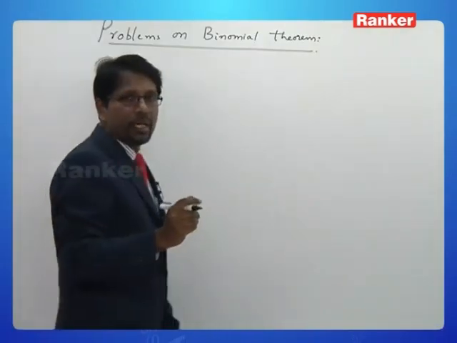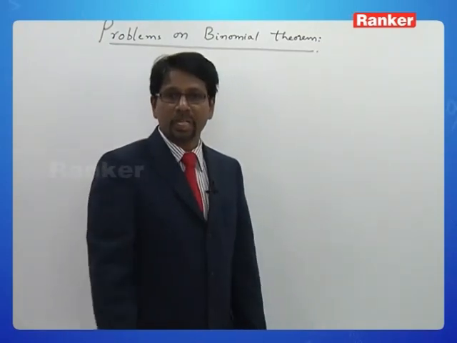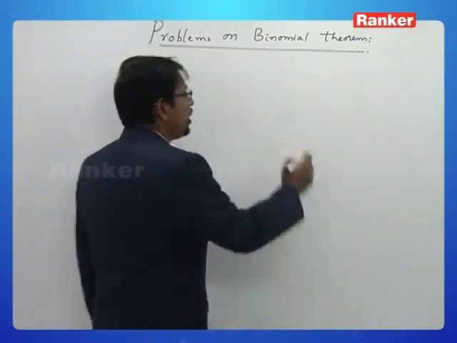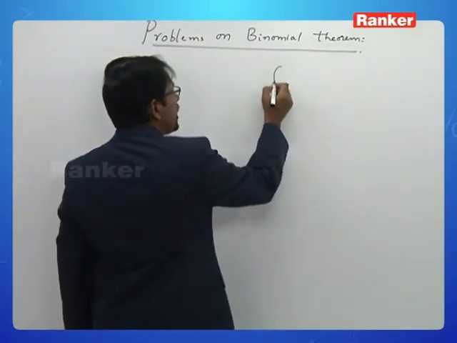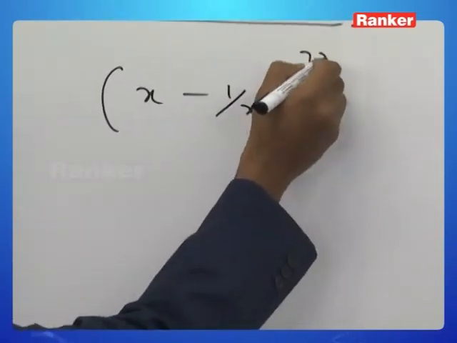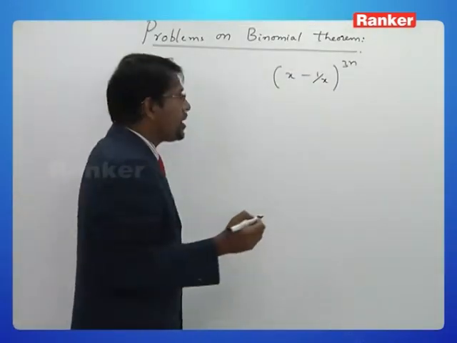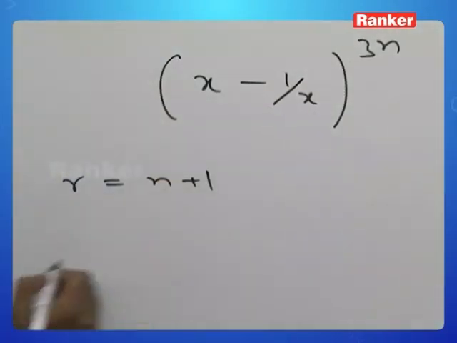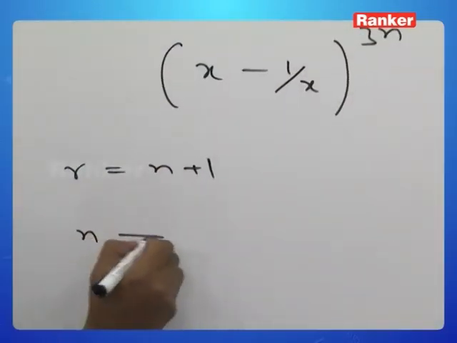So as we said, the rth term from the end is nothing but the n minus r plus 2th term from the beginning. We are to look at the expansion of x minus 1 by x to the power 3n. In place of r we have n plus 1 and in place of n we have 3n.